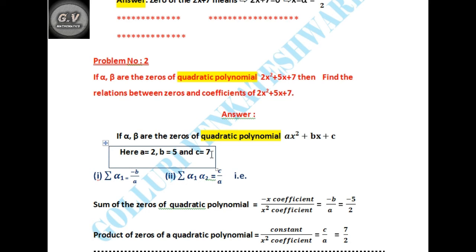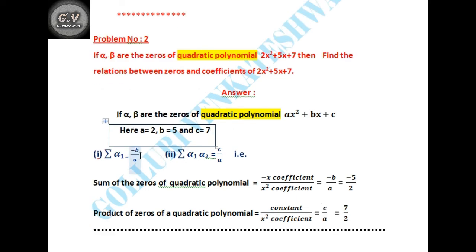What about the first condition? Sum of all the zeros is minus b by a. Sum of all the zeros means alpha plus beta.